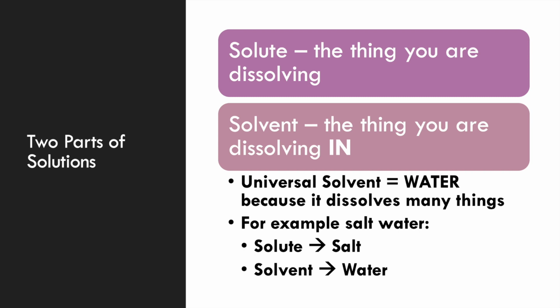So it could be water, for example. Water is a universal solvent because almost, I'm not gonna say everything, but a lot of things dissolve in water. So like I just said, an example is salt water, right? So salt would be the solute, water would be the solvent. Okay, the solvent's usually more than the solute.